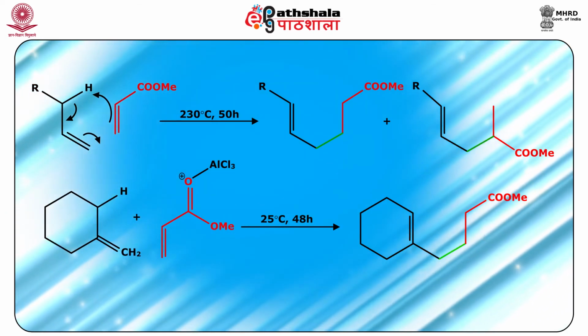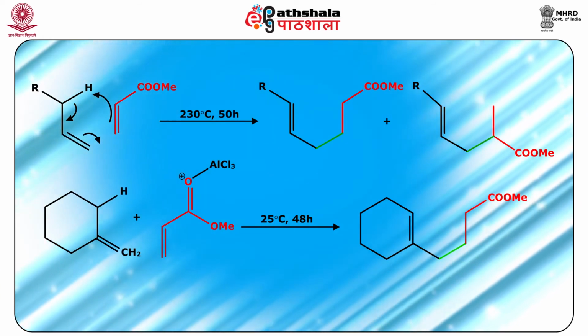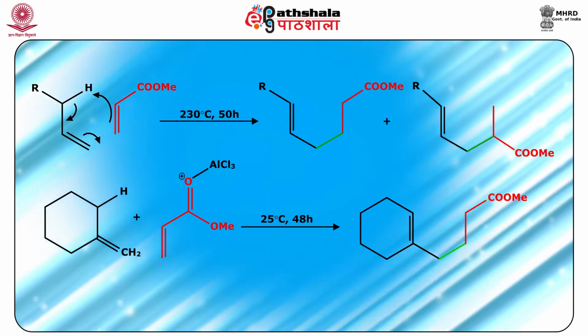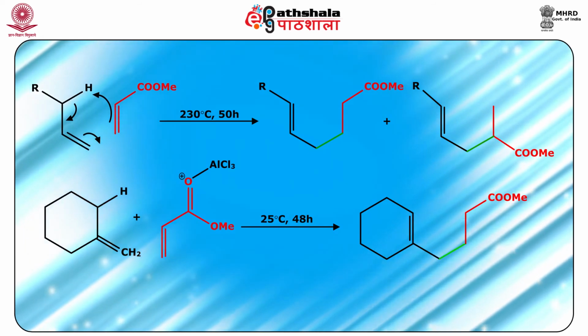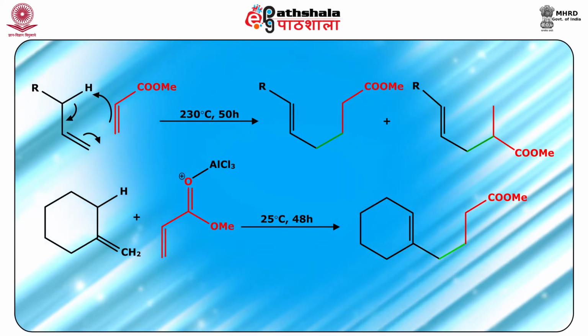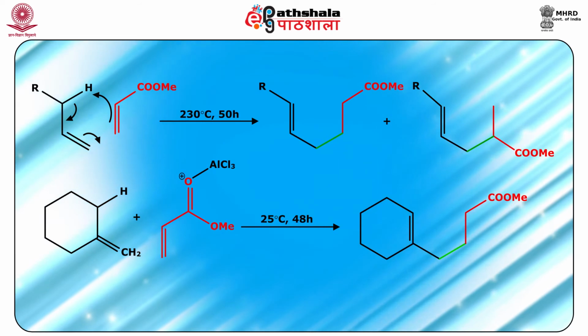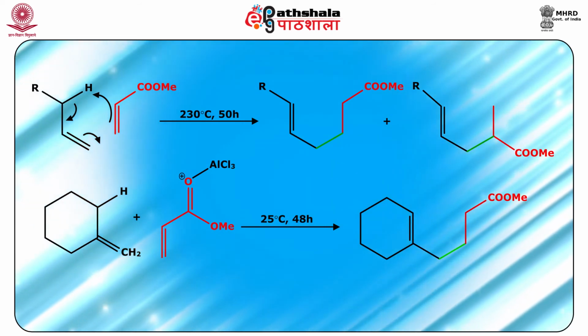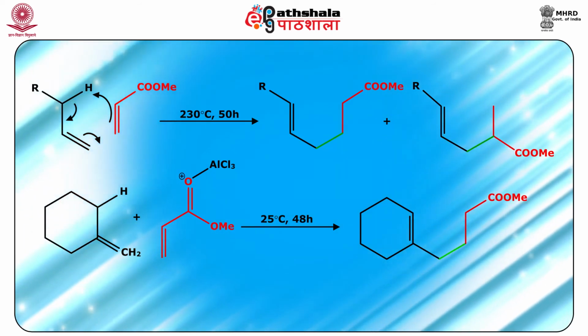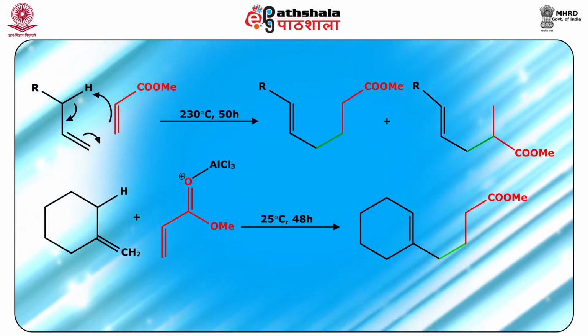Following are some examples of ene reactions. Electron withdrawing groups on the enophile and electron donating groups on the ene favor the reaction. Lewis acid catalysts such as AlCl3 also lead to rate enhancement for the ene reactions.